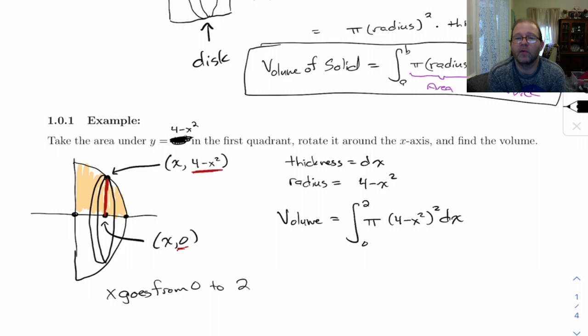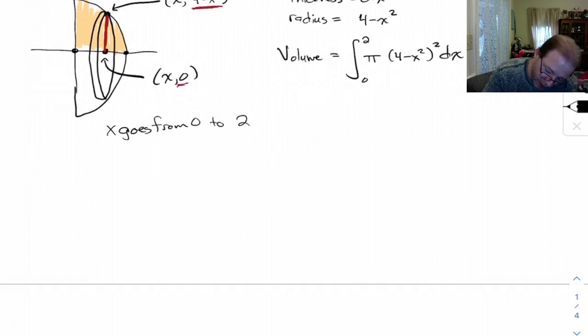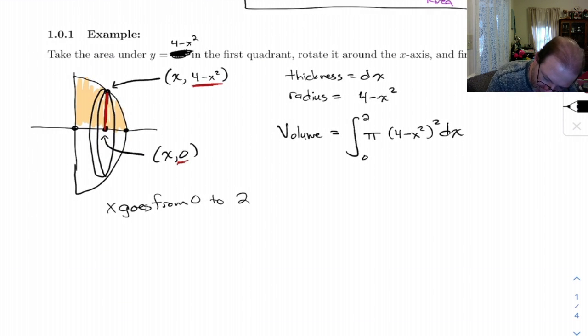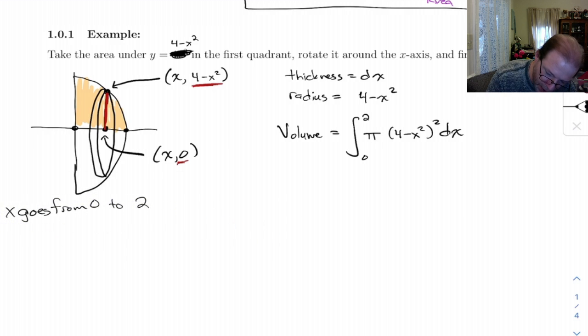So now it's just a matter of working out this integral. And let's see, we've got plenty of space. Let's do that. I'm going to slide this over here. So first up, my volume, this integral, we get pi. I'm going to pull that out front.